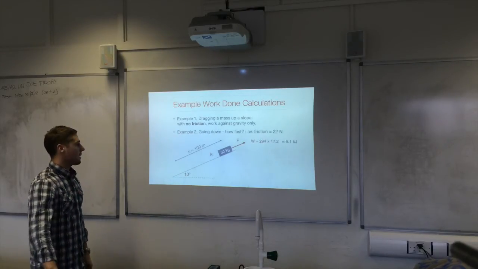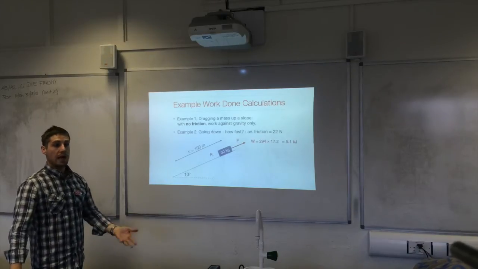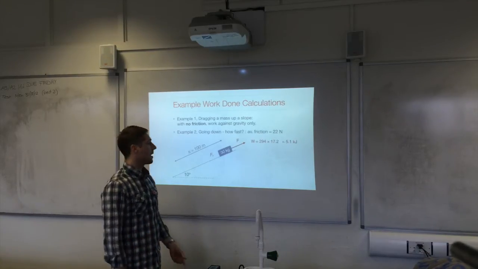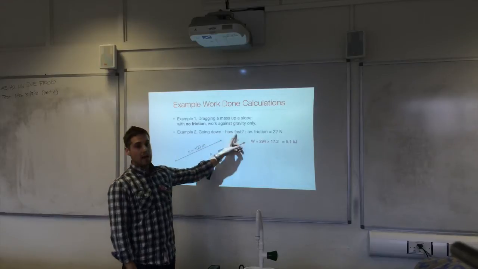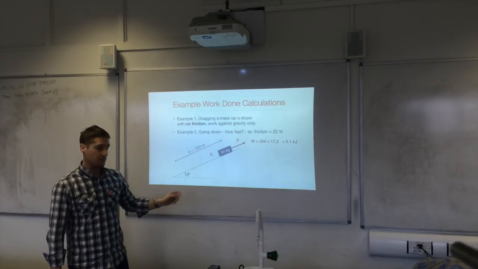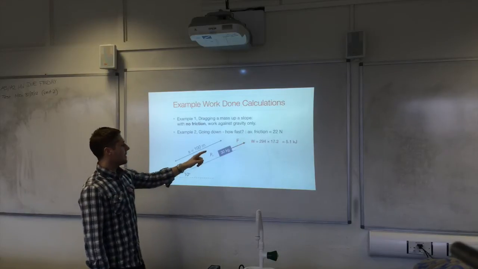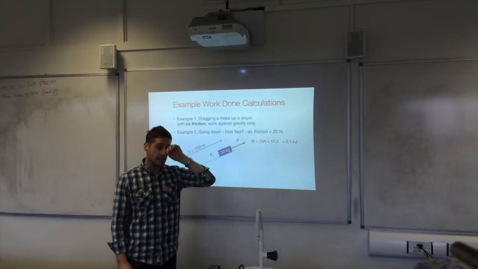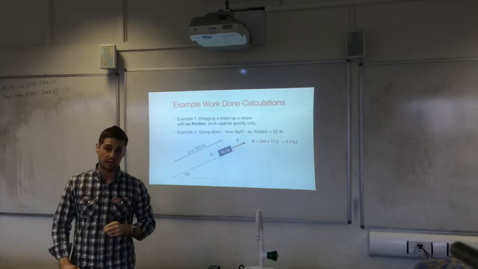Example 2. Now we're going to go down, we're going to let our mass go. And we want to find out how fast it's travelling when it reaches the bottom of the slope. The average friction is 22 newtons.